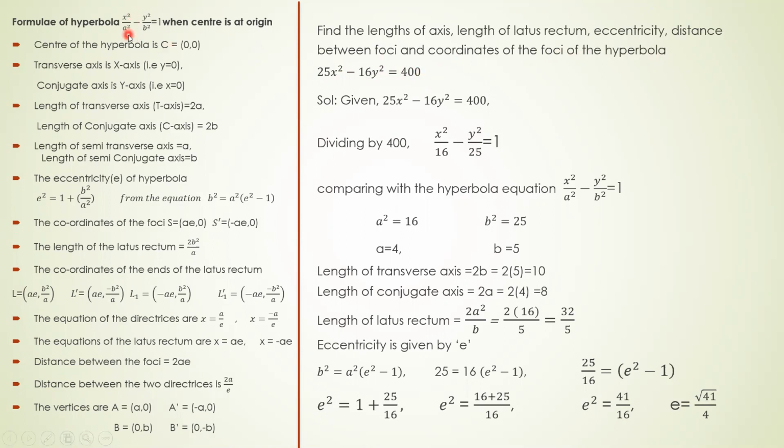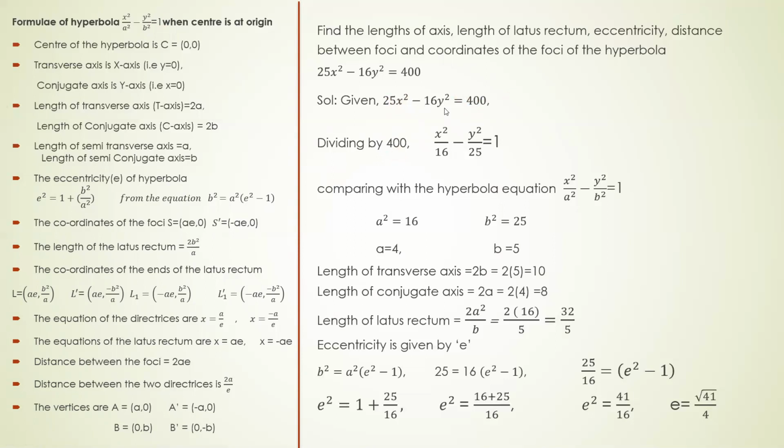X square divided by a square minus y square divided by b square is equal to 1. So we have to convert this. How can we convert? We can see from the formula that on the RHS we have 1. So we will divide the total equation by 400 so that we get 1 on the RHS side.